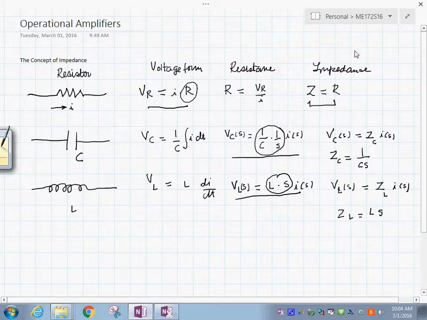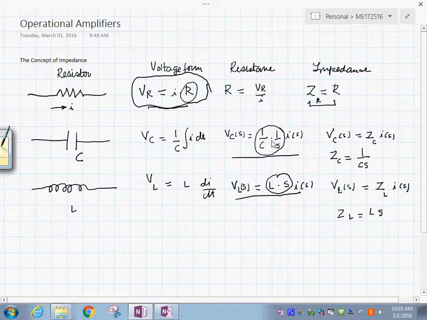So in the case of the resistor, R is equal to Z. So Z is the impedance. So Z of R is R. But if you look and you apply the Laplace transform and you put it in the same form, look, this is what you'll have, Z of C. But if you do the same thing for the inductor, you will have this.